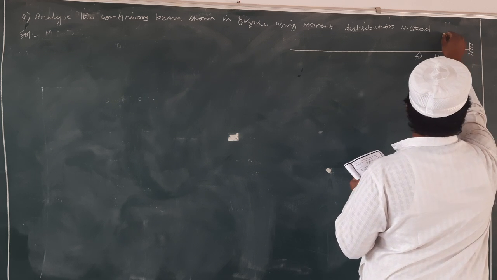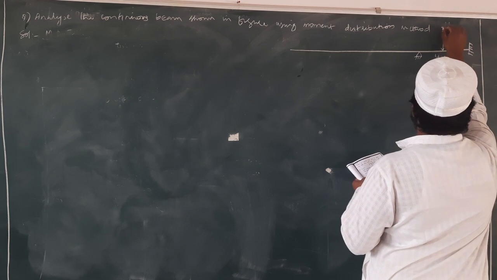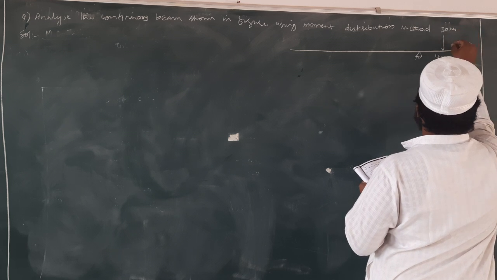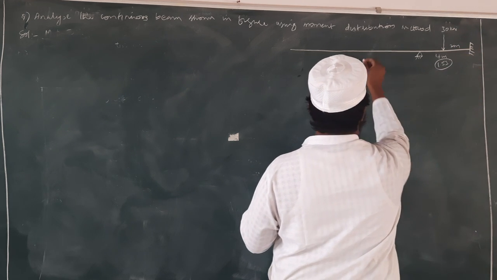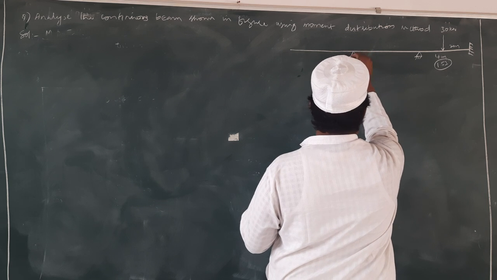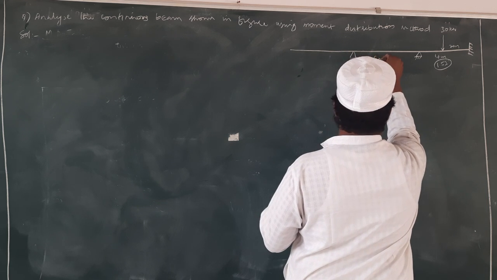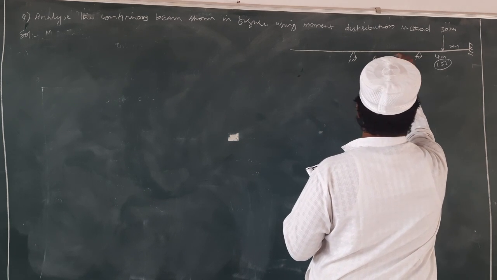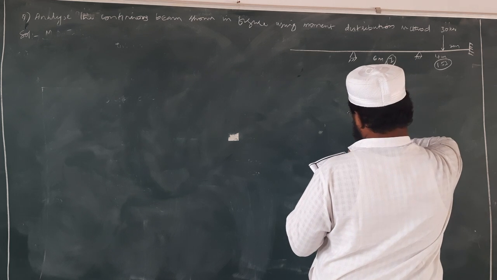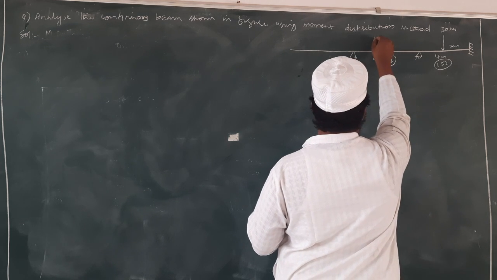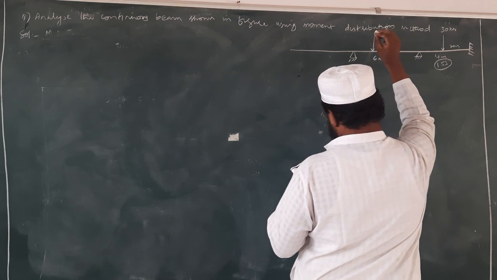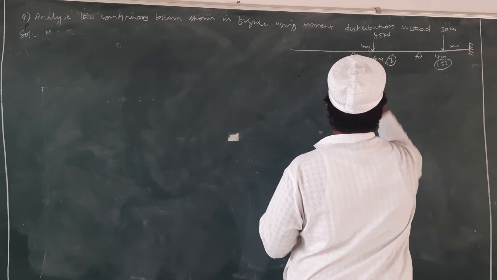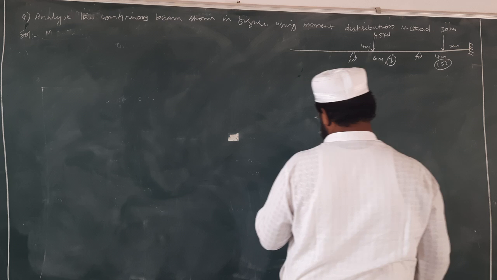We have a point load of 30 kilonewton. This is 2 meter. Then we have a 6 meter span and it is I, and the load acting on this beam is 45 kilonewton at a distance of 4 meters. Okay.